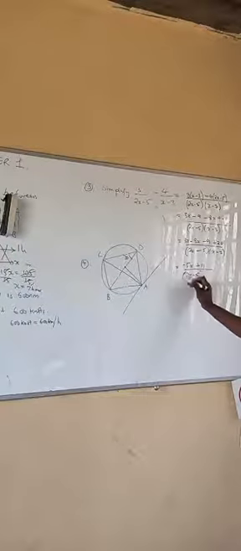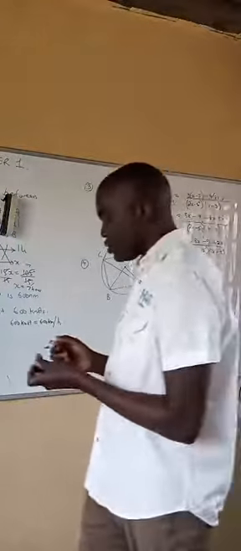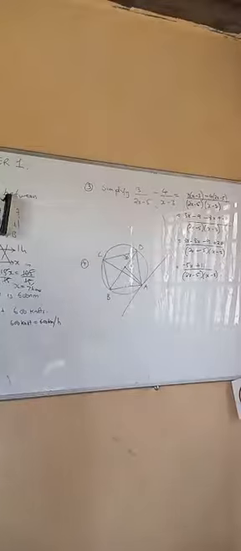Negative 9 plus 20 will be plus 11, over 2x minus 5, x minus 3. So you always get the sign of the bigger number. So that's how you solve that question.